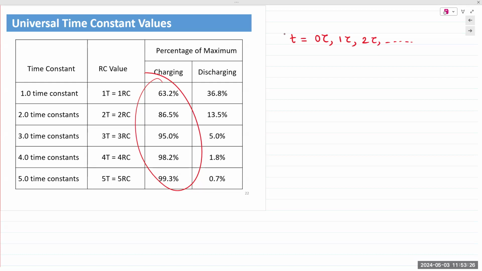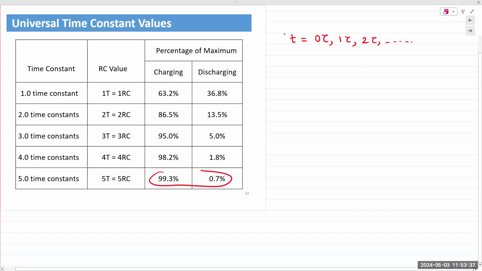So when do we put an end to it? We put an end to it after 5 time constants. After 5 time constants, the value of the energy either exceeds 99% or is less than 1%. So if it's charging, it acquires more than 99% of its value after 5 time constants. Or if it's discharging, it loses more than 99% of its stored energy.